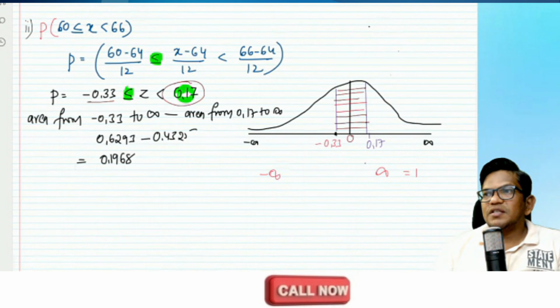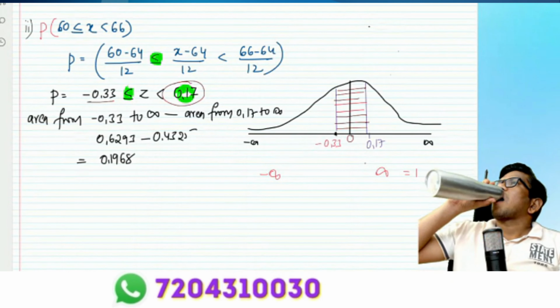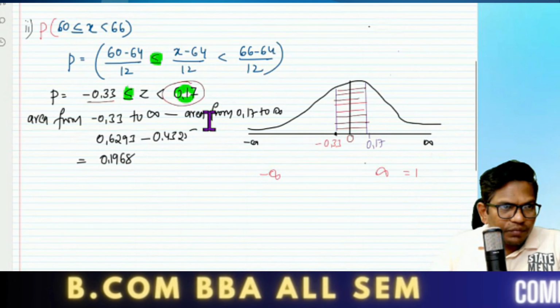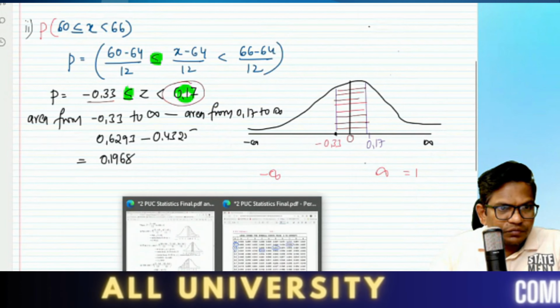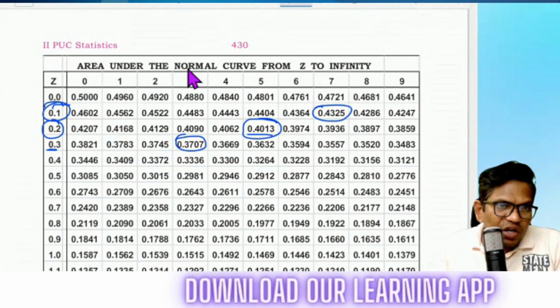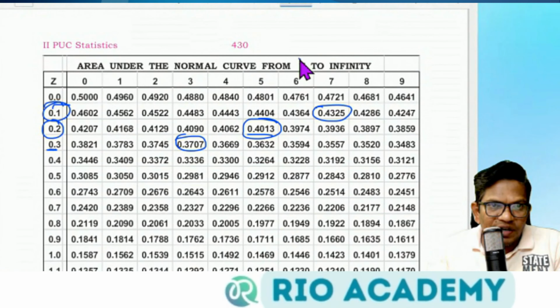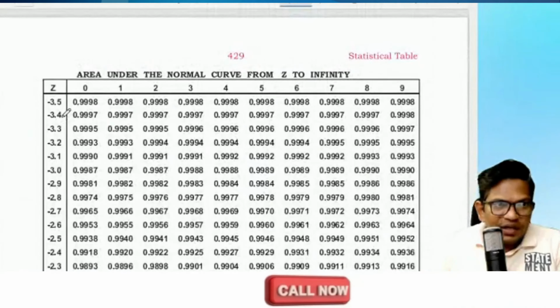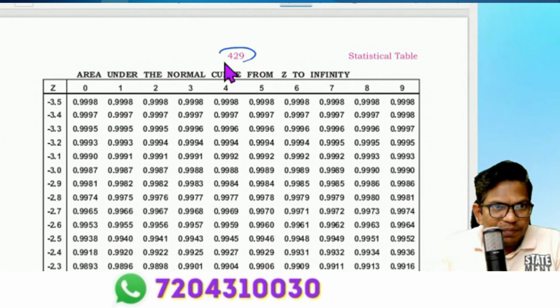Sir, minus 0.33. Can you show that table again? How to take that 0.6293? See, we have an area under the normal curve from 0 to infinity, z to infinity. We have one more table on page number 409. We have all the negative numbers.